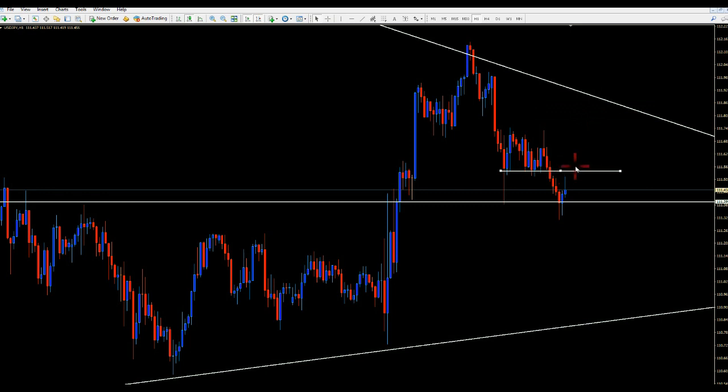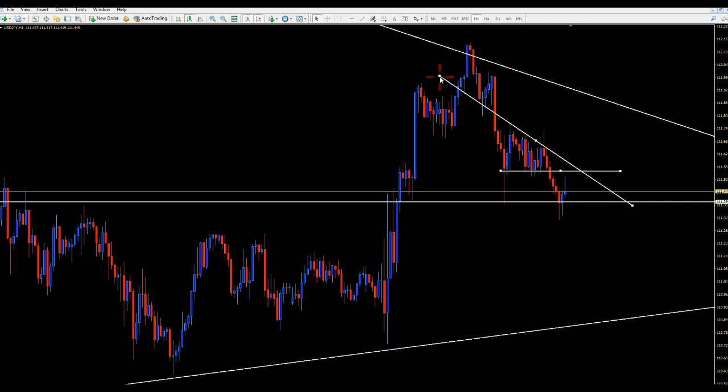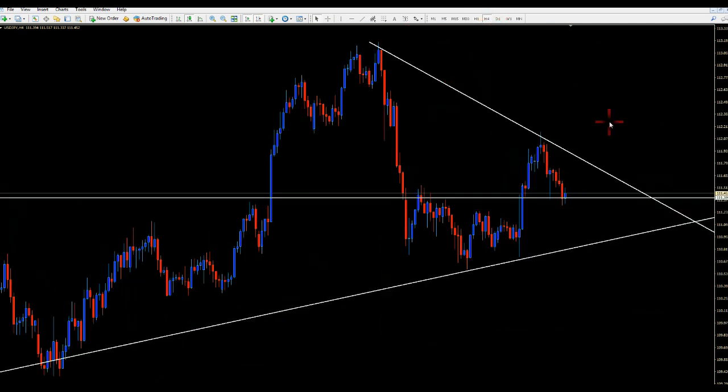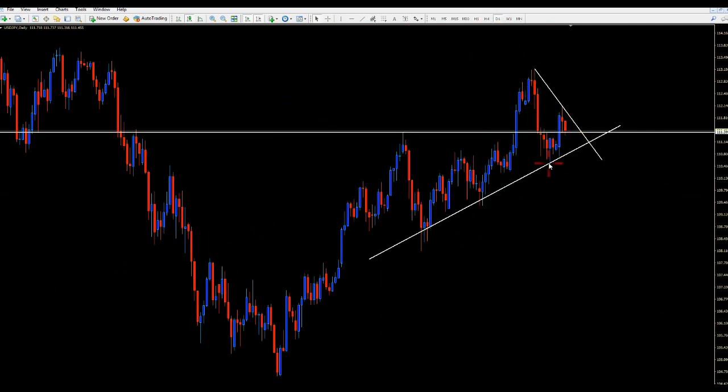So you can keep these lines, and also remember, you can always trade breakouts like this when price is going sideways, going down like this, and touching the same trend line over and over. If we go all the way back here, we got the first breakout, then trading towards the next level trend line, and after that continuation. So that's the lines I want you to have on your charts for USDJPY.